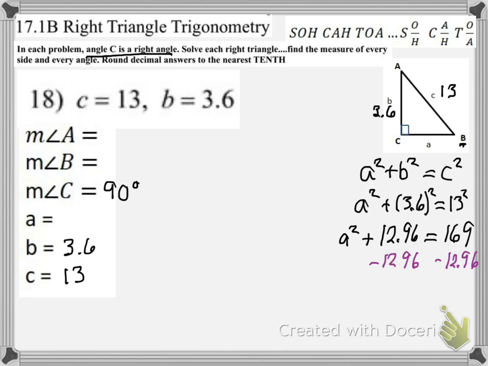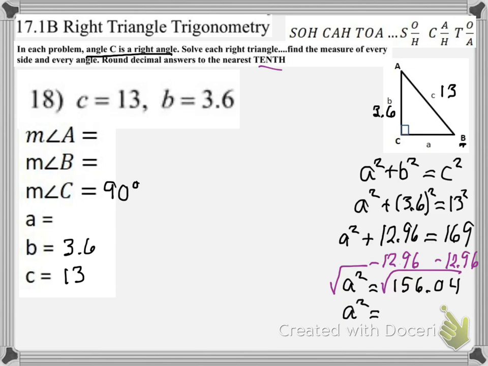So now I have a squared equals 156.04. I would hate to have to split that up and find an exact answer like we were doing in the first section. But this section says nearest tenth, so I'm square rooting. Yes, I want to see that square root step.